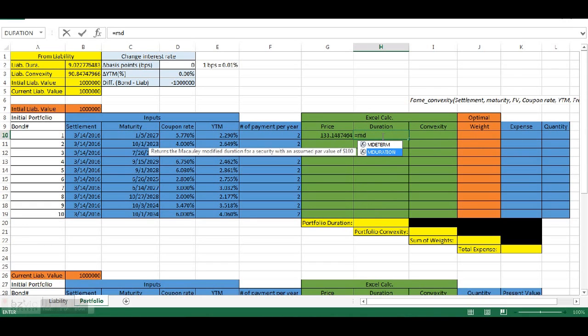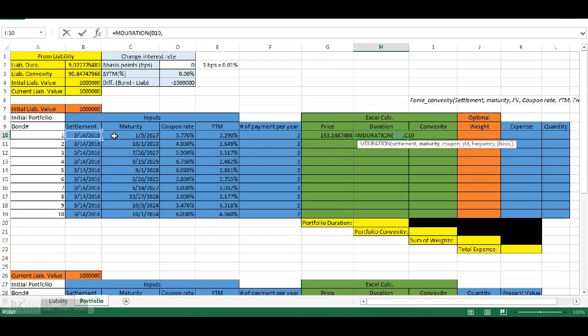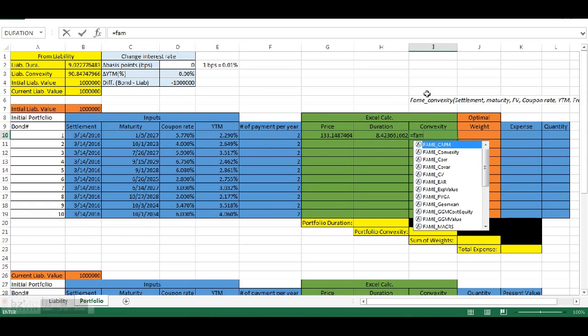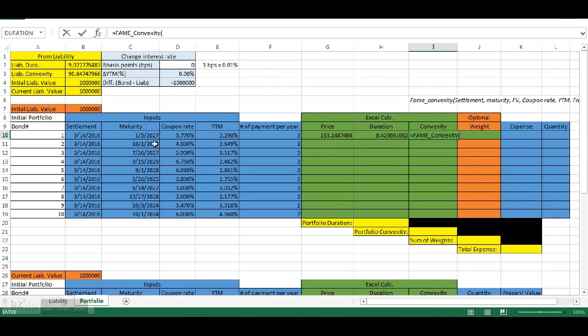So let's use the modified duration: settlement date, maturity date, coupon rate, yield, maturity, and frequency. For convexity, we can use the same approach, which is convexity.